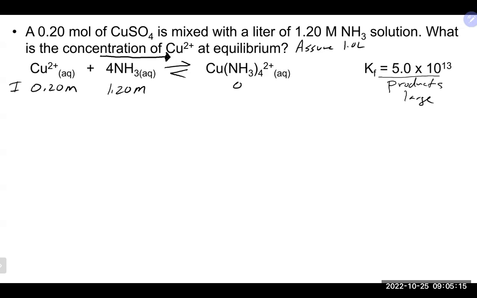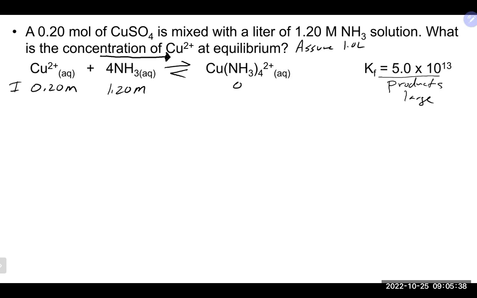With that being said, our limiting reagent in this case would then be which one? It is going to be the metal. So the first assumption that we make in these type of problems is because the Kf value is so large, pretty much all the metal will be the limiting reagent, and it's all going to get tied up with the ligands that are present.